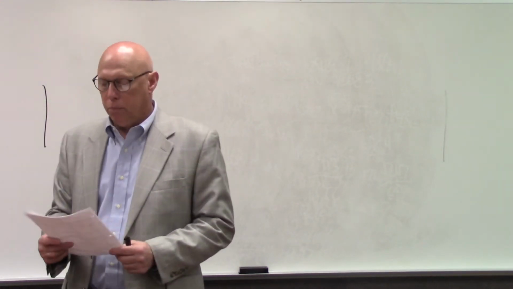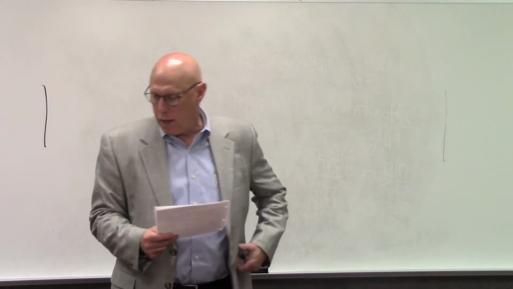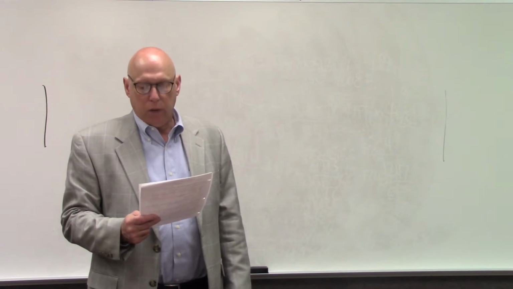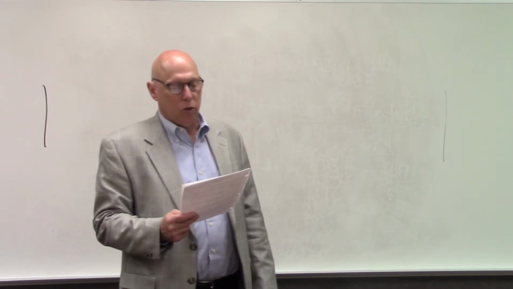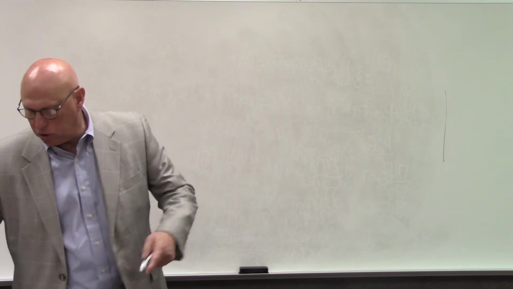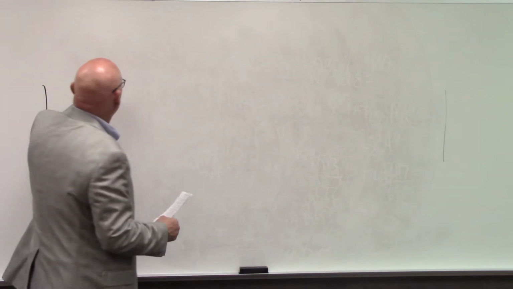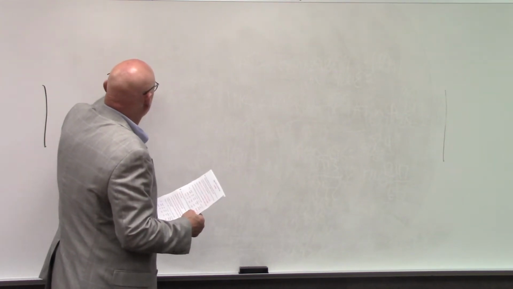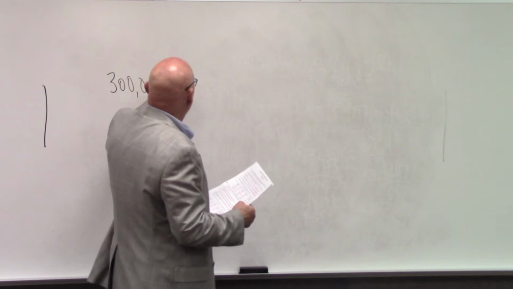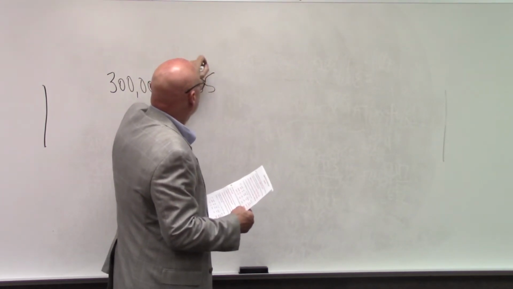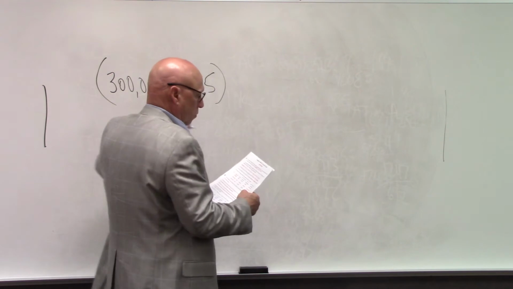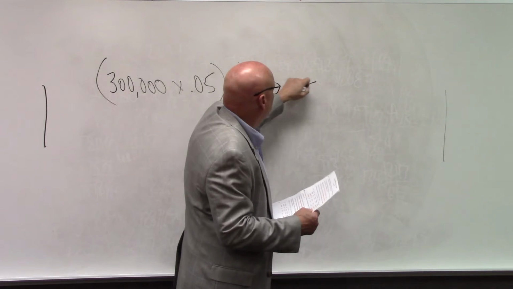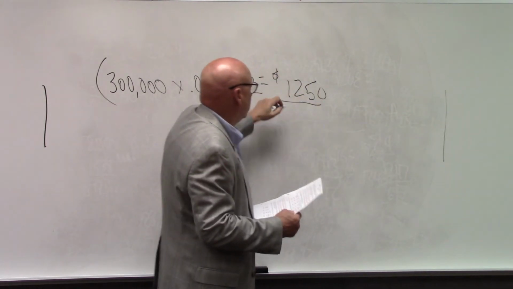Question number 1. You borrow $300,000 at 5% annually, payable monthly. It is a simple interest loan. What is your monthly interest payment? So this is simple interest, and the answer is $300,000, how much you're borrowing, times the rate, 5%, divided by 12 months, and the answer is $1,250.